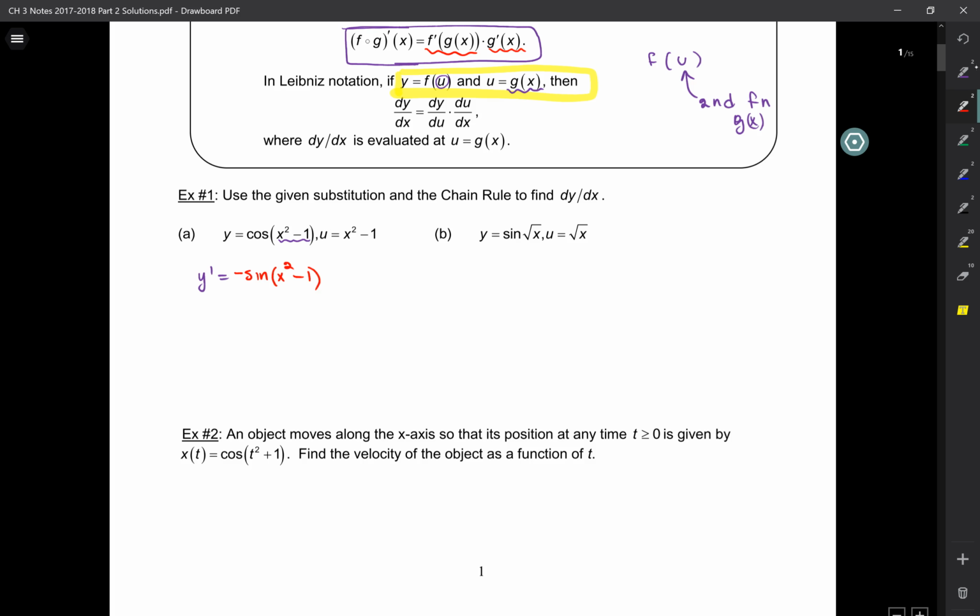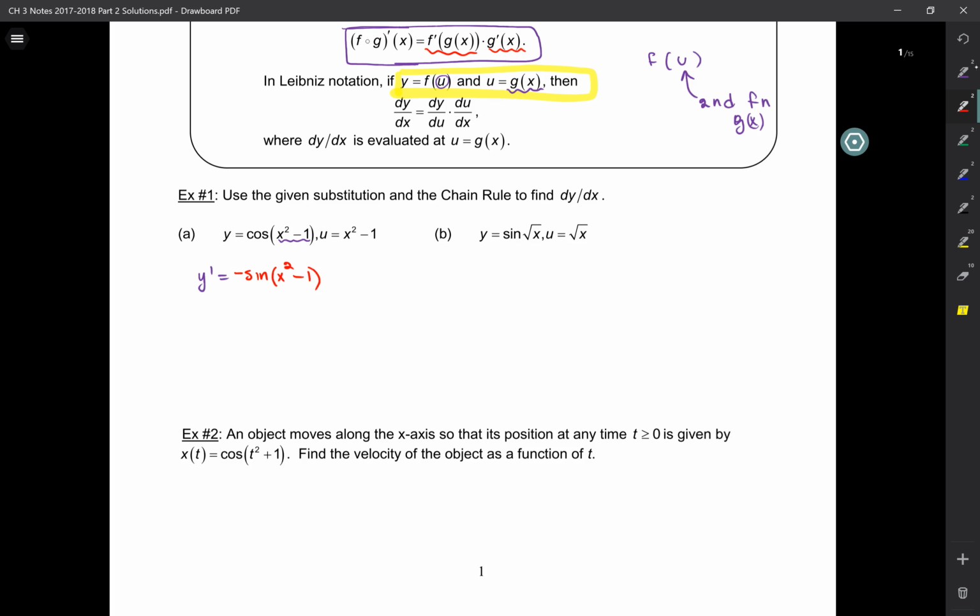Remember, this is f of u. It's not cosine of x, it's cosine of u, x squared minus 1. So the derivative will be f prime of u, negative sine of x squared minus 1.